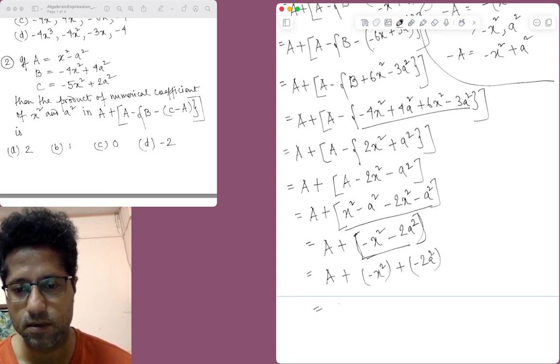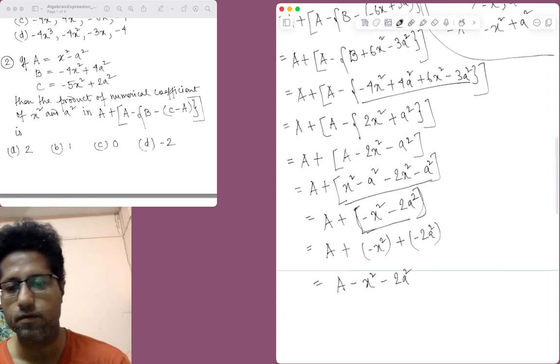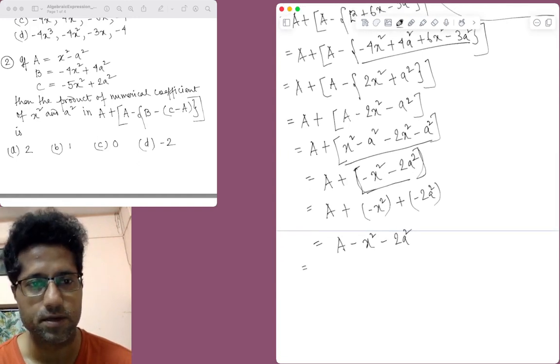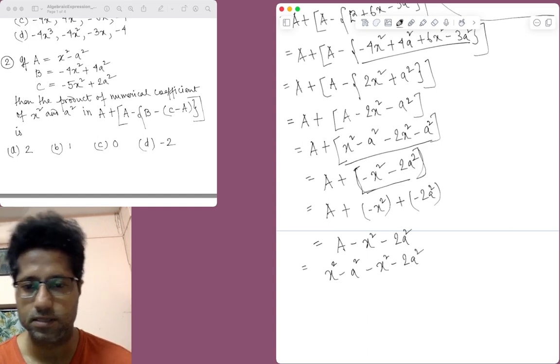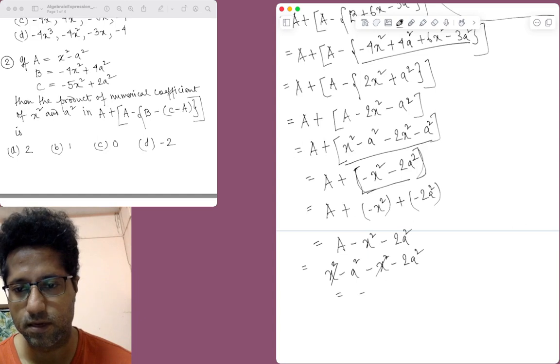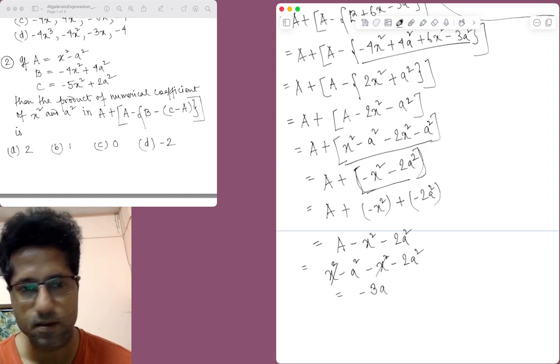This is nothing but a minus x square minus 2a square. Now we will replace a with the algebraic expression, that is x square minus a square, and we have minus x square minus 2a square. Now x square and minus x square cancel out, and this becomes minus 3a square.